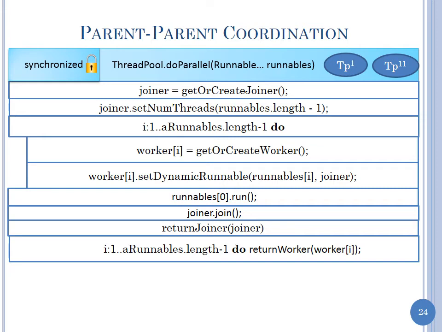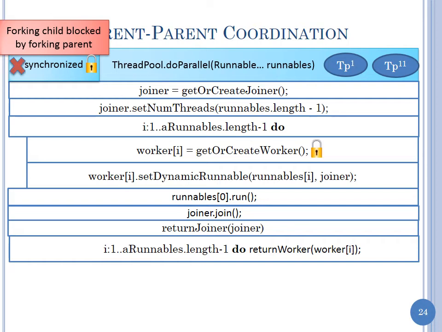But even then, we are locking much more. We are also locking when it is executing its expression, this runnable 0, and at that point the children threads cannot execute this piece of code. They have to wait for it to finish its task. So we don't want such coarse-grained mutual exclusion: the forking child is blocked by the forking parent as long as it's active, as long as it's not waiting.